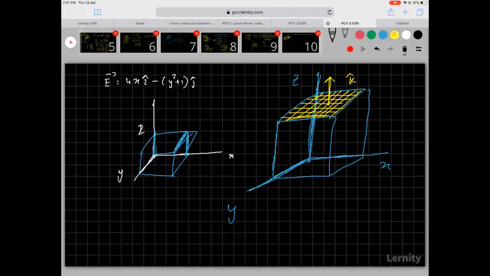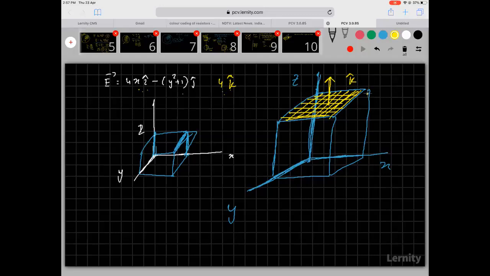Now what is this area going to be equal to? It's a cube of dimension 2, so 2 into 2, 4. So surface 1 has an area vector 4 k cap. Now E dot dA will give me 0, because i dot k is 0, j dot k is also 0. So it will not give me anything.